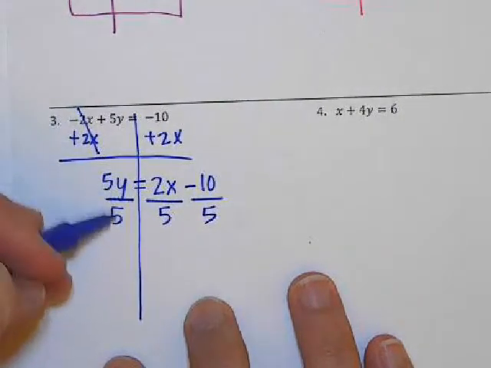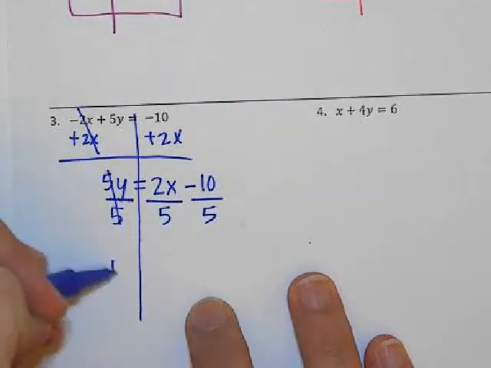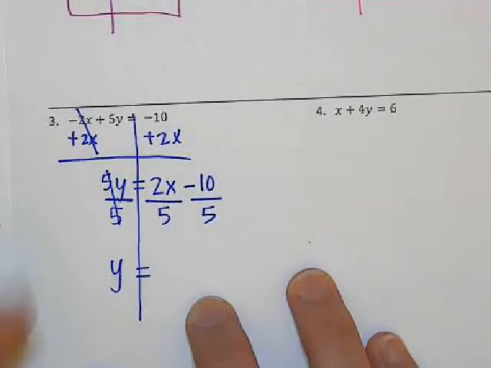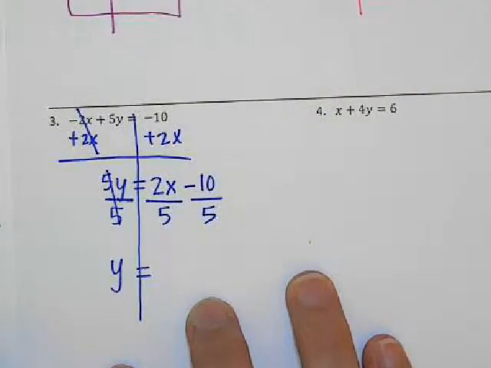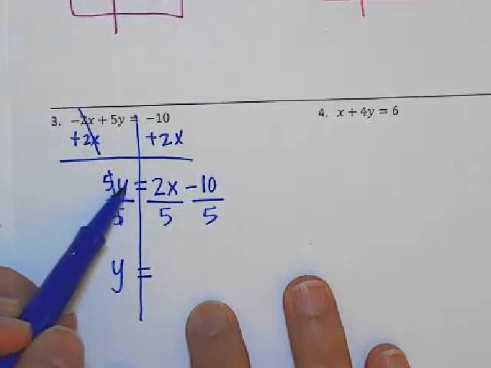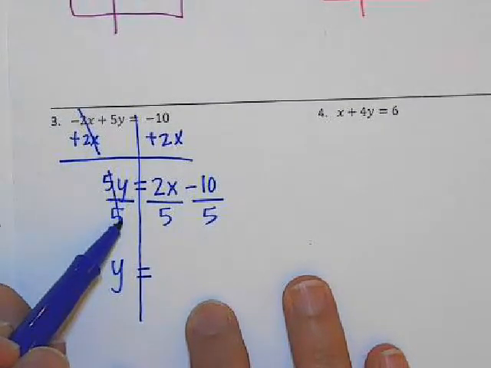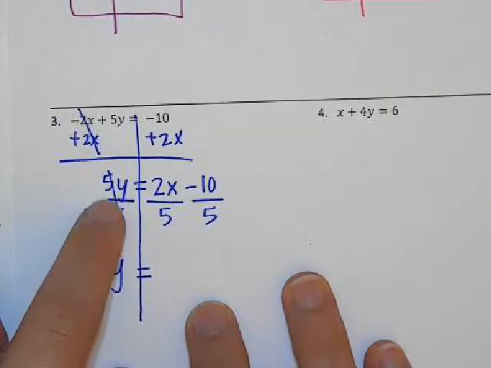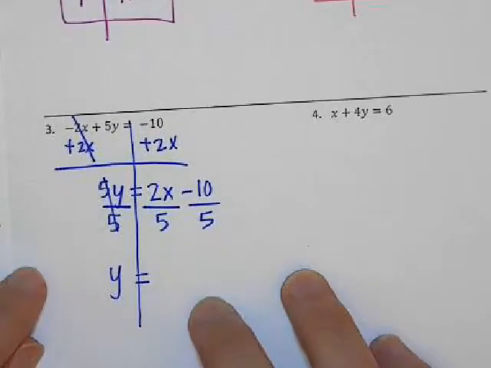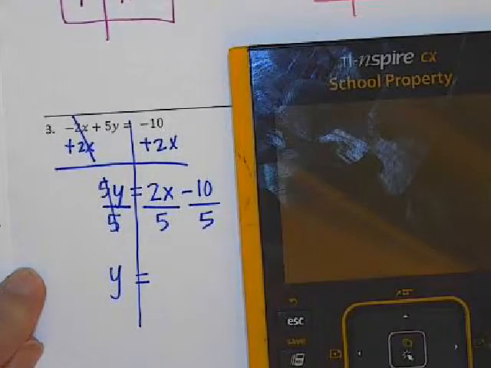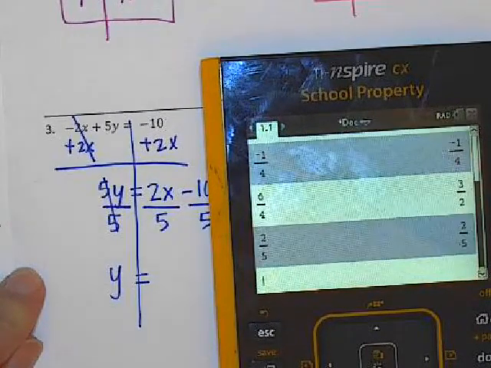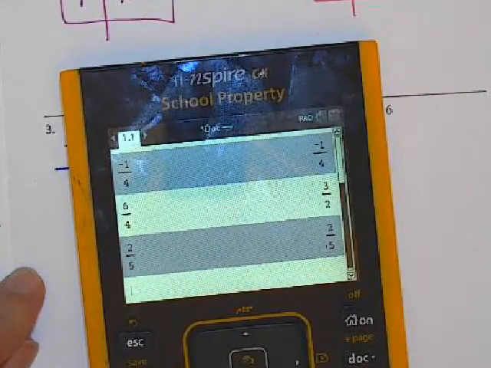5 divided by 5 is 1y, but I don't write the 1. Wouldn't you be subtracting the 5? No, because these are multiplying. So I have to divide. If it was 5 plus y, then I would subtract, but it's not. Okay, 2 divided by 5 gives me 2 over 5.